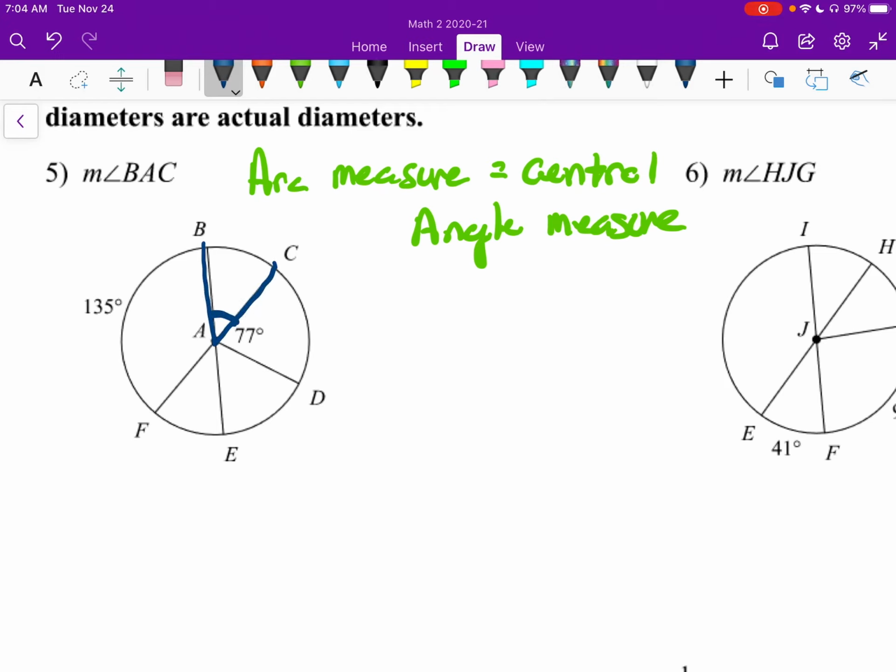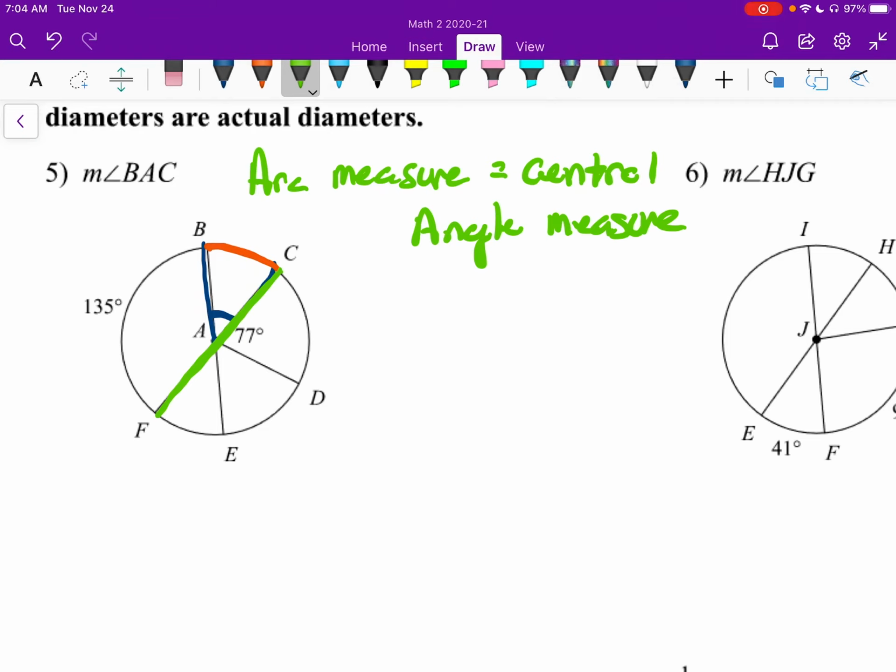In order to do that, we're going to look at the arc. So we're going to have to use some different ideas. We remember that there's 360 degrees in a circle, which means that half a circle, a semicircle, is 180. So a diameter, which this right here looks a whole lot like a diameter, cuts the circle in half.